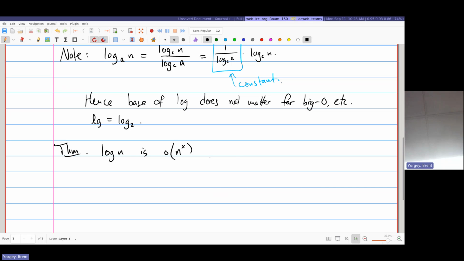Certainly if x is 1, we know that log n grows more slowly than n. And of course, if x is bigger. But what about if x is a half? If x is a half, that means square root of n. Which grows more slowly, log n or square root of n? Anyone have an idea? If I gave you two algorithms and one is log n and one is square root of n, which one would you prefer if n is big?